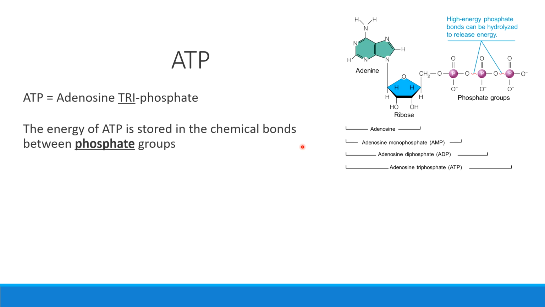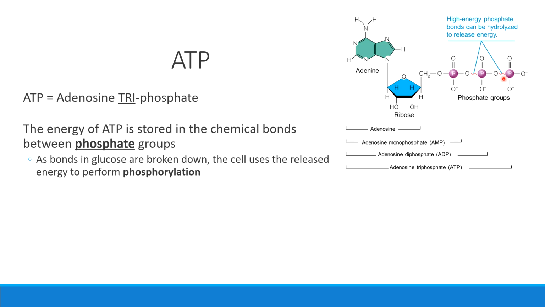When we talk about that energy, like I mentioned, we're always storing it inside chemical bonds. And that's true whether we're talking about ATP or the sugar that you have in carbohydrates. When we break down the bonds that are attaching these phosphate groups to ATP, this releases the energy that's stored inside of them.